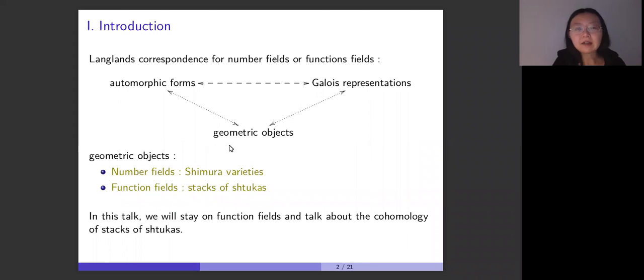And those geometric objects for number fields are the Shimura varieties, and for function fields they are the stacks of shtukas. In my talk today, we will always stay on the function field, and we will talk about the stack of global shtukas and their cohomology. So that's where we are today.